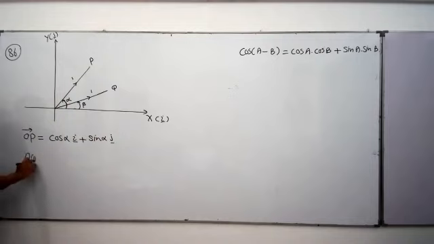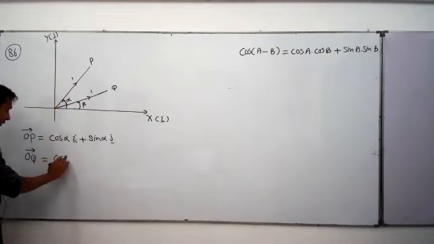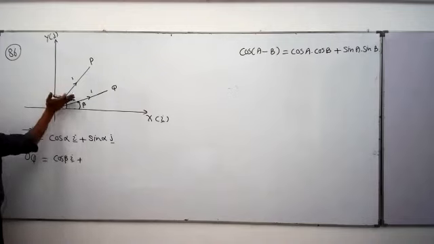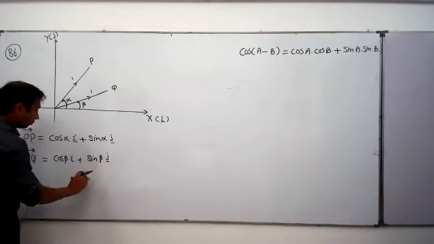The OQ vector you can write as i cos beta plus j sin beta, that is, cos beta times i plus sin beta times j.